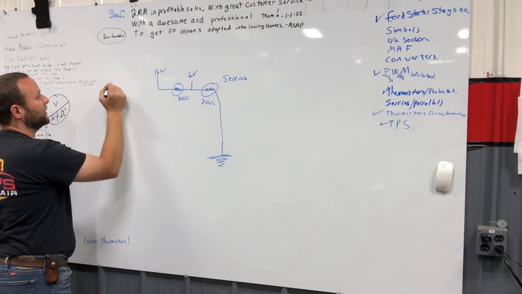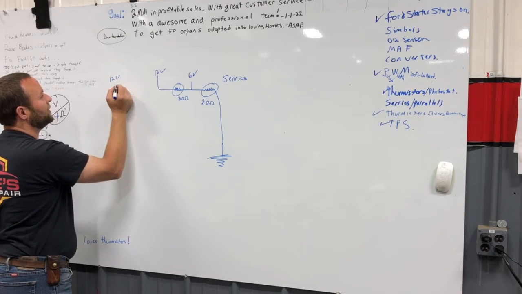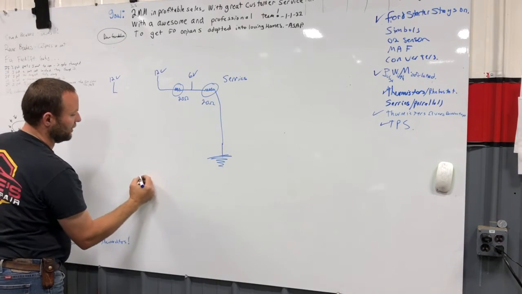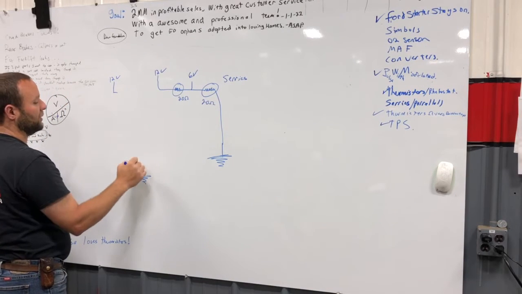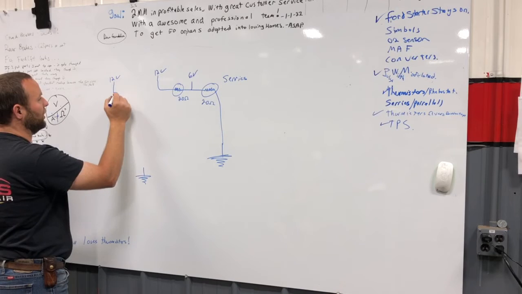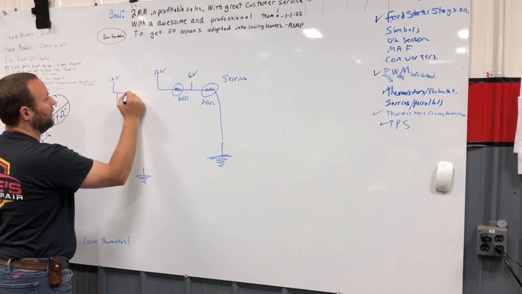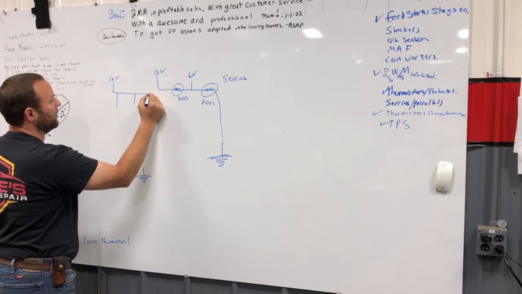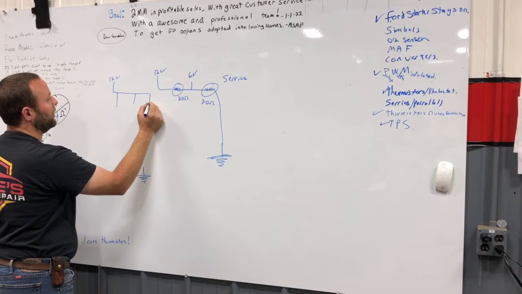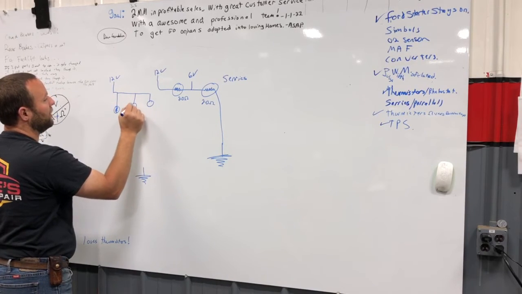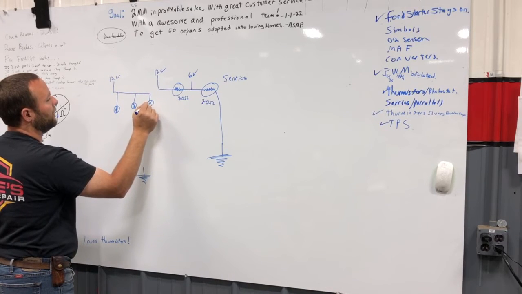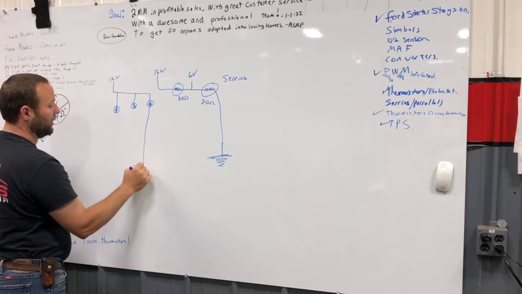So a parallel circuit is 12 volts, comes down here, ground here, and we go here, we drop down here, drop down here, and then they all go to ground.